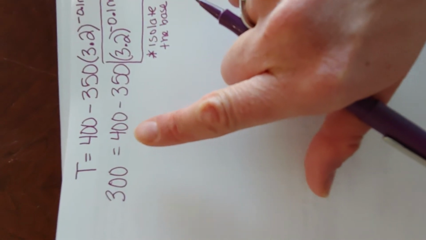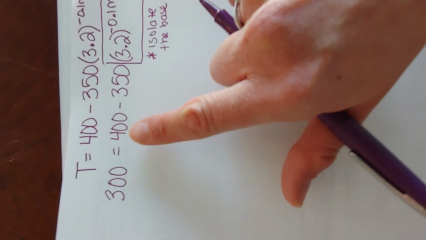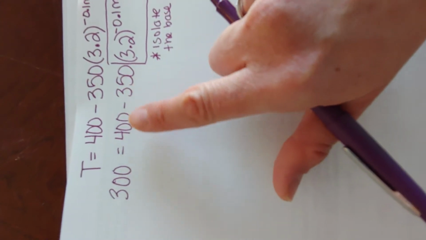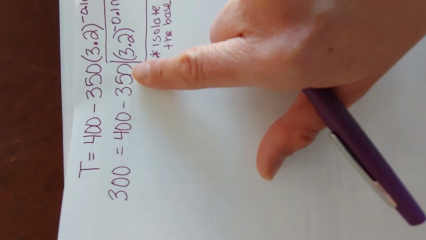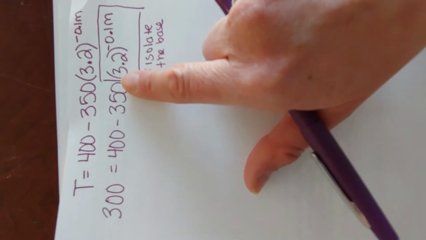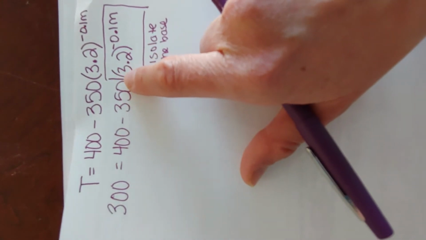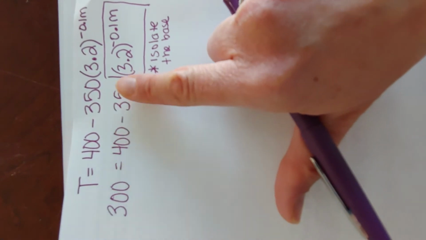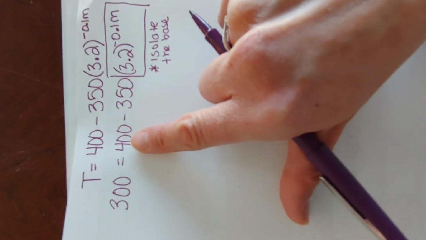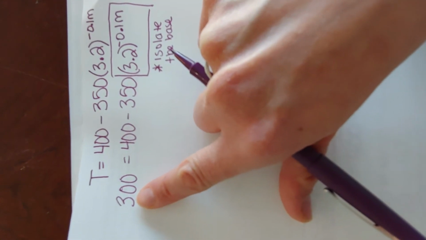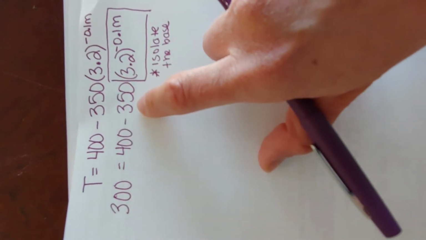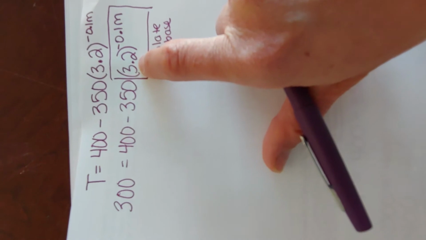All right, so now, some people look at this and go, oh, 400 minus 350. You cannot combine these because the negative 350 is attached to the base by multiplication, which means that these two terms are unlike. So I have to start actually by subtracting the 400 to the other side, because these two terms can't come together, because this number is attached to this number.